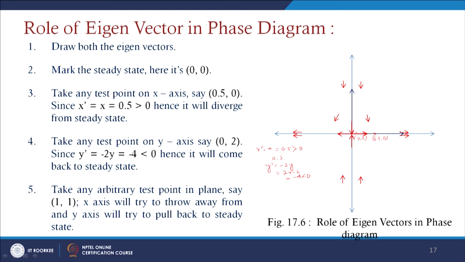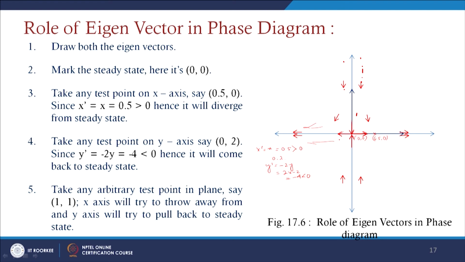Combined, the y axis points will come towards the origin, but for the x axis it will move outwards itself. That is why you can find that these arrows are coming towards the origin along the y axis, but moving outwards in the x axis there.